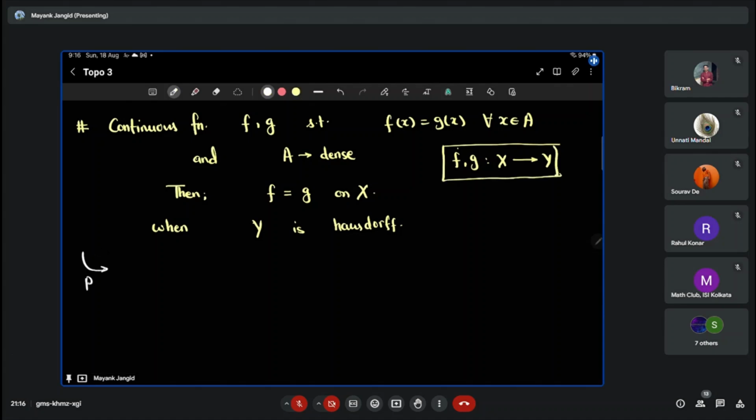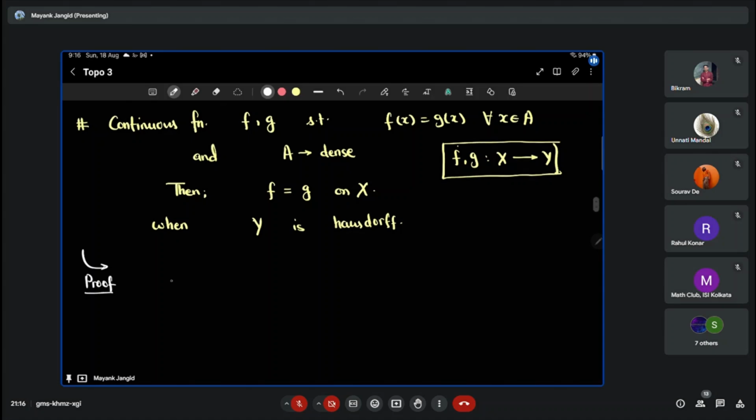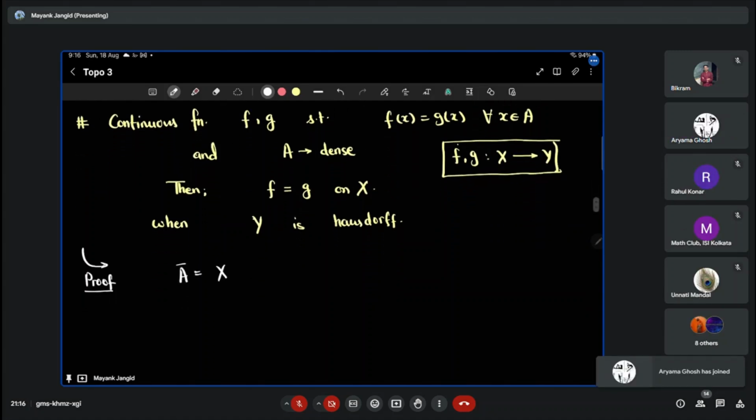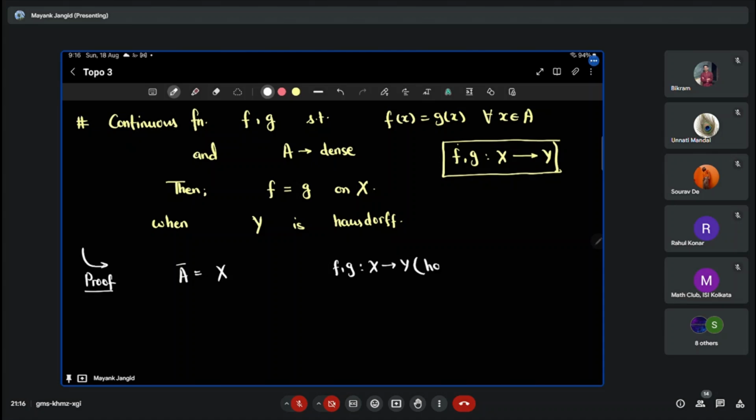So, proof of this. By the homework that I gave you, A closure is equal to X. Now f and g are functions from X to Y, and Y is Hausdorff.